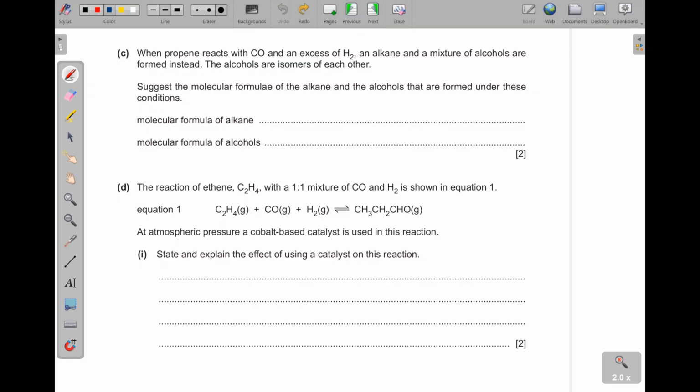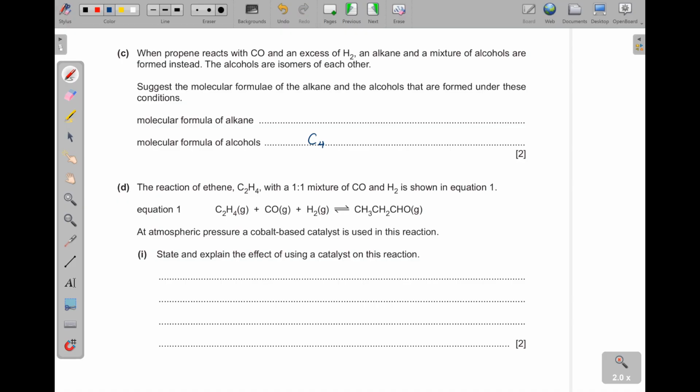So first of all, for propene, you are going to form butanol. Then butanol is going to be reduced to a primary alcohol. The primary alcohol can be butan-1-ol or butan-2-ol. That's why they said that the alcohols formed, there is somewhere they say the alcohols are isomers of each other. So alcohols, remember the carbons here are 3, so we have added, they become now 4.